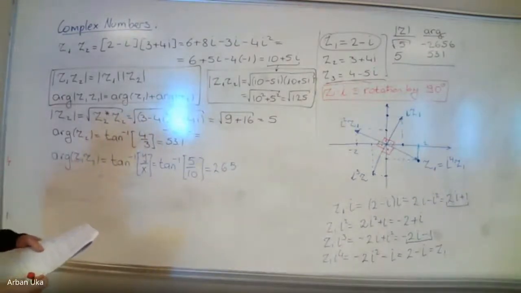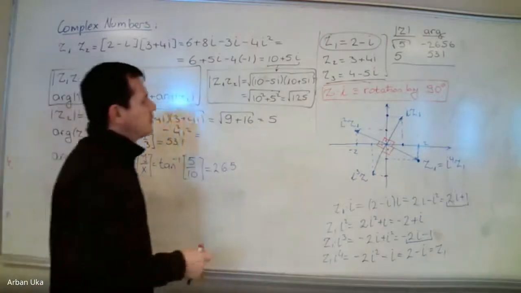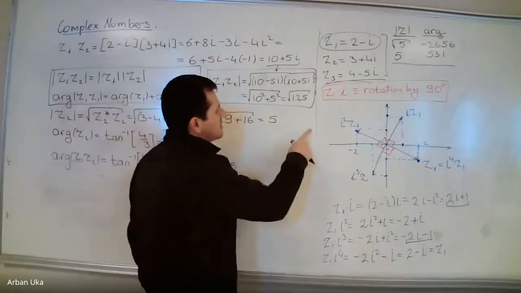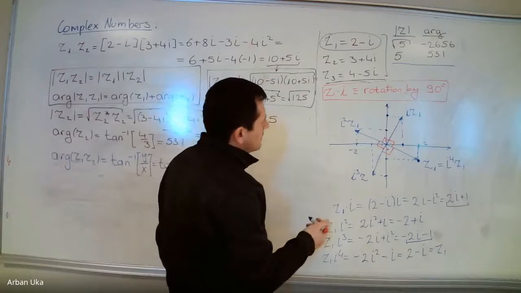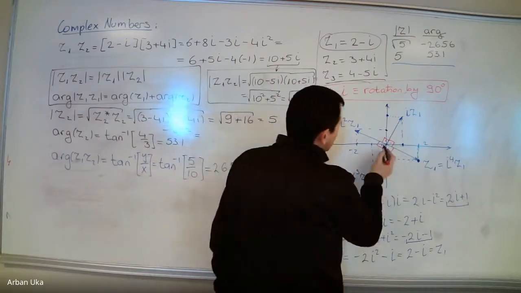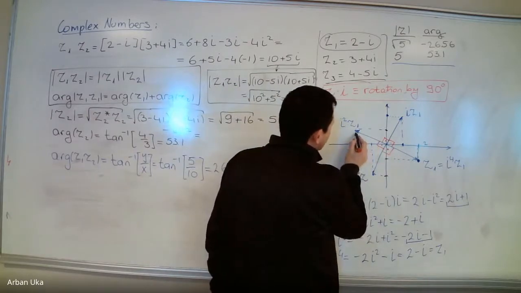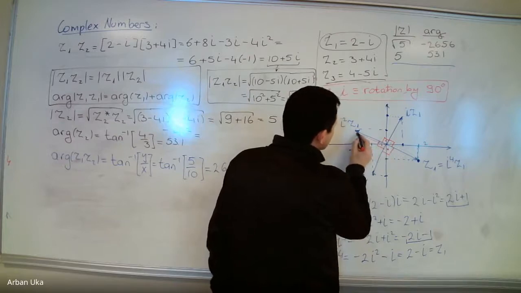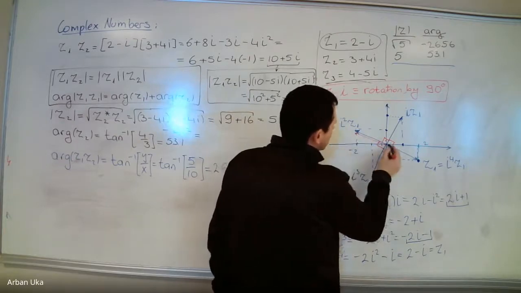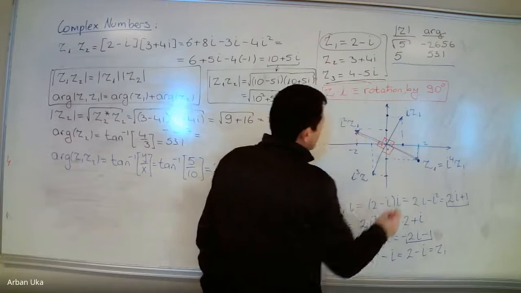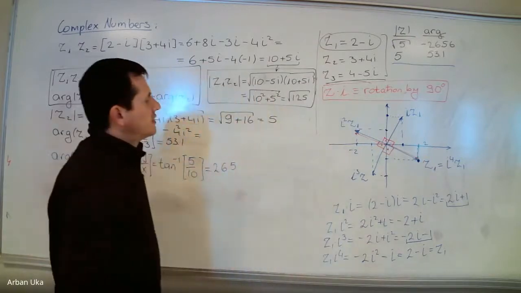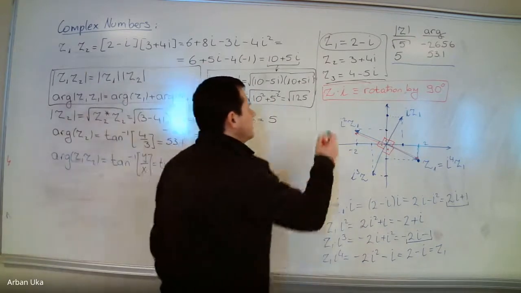Now, at the same time, we can also multiply z by minus 1, right? If we start with z1 and multiply by minus 1, we'll get immediately this. If we multiply by minus 1 again, we'll come back here. So multiplying by minus 1 is rotating by 180.